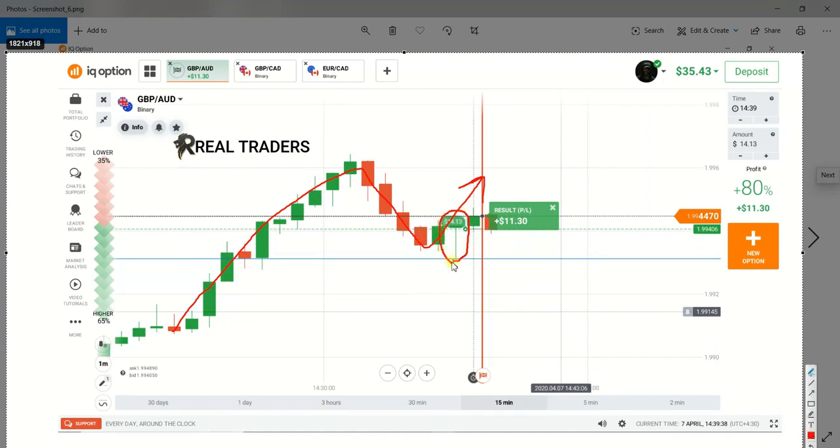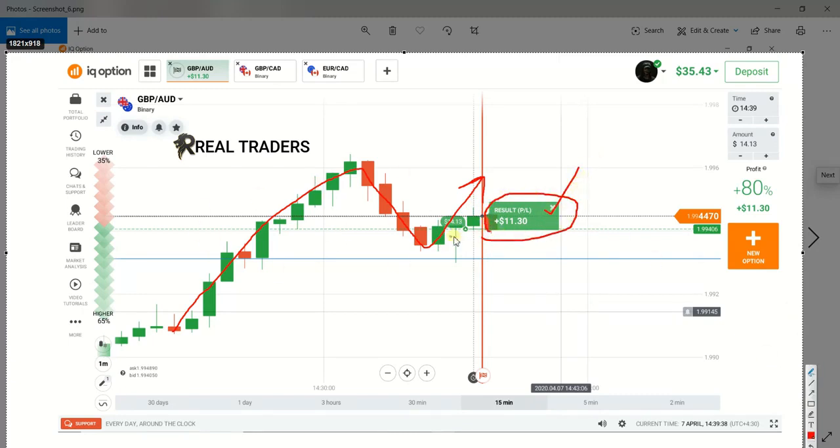Okay, and when the next candle is a bullish candle with a new high, and the next candle is also a bullish candle with a new high, it is the confirmation that the next candle must also be a bullish candle. And you can see I used this point in this trade and I got ITM.